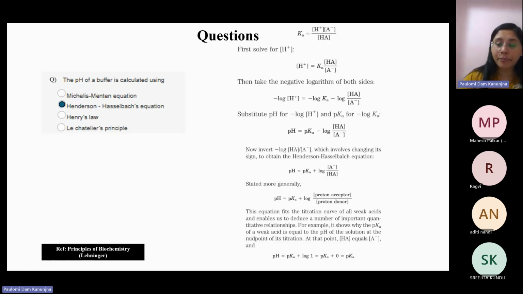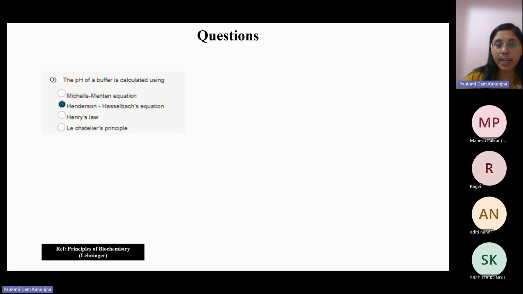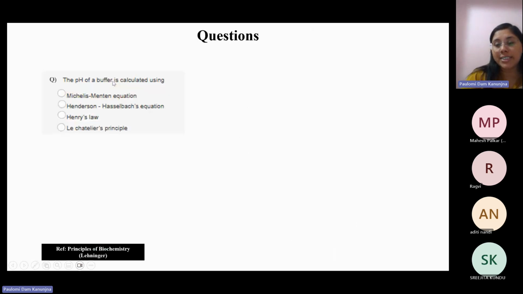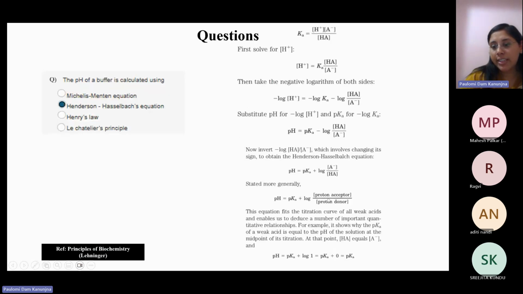Now, interestingly, let's put it at this point here. Why are we saying pH is equal to pKa? Here, what did we say? That at this value, at the midpoint, the proton acceptor and the proton donor are in the same concentration. So basically, these two are the same, so the ratio is 1. Log of 1 is 0.